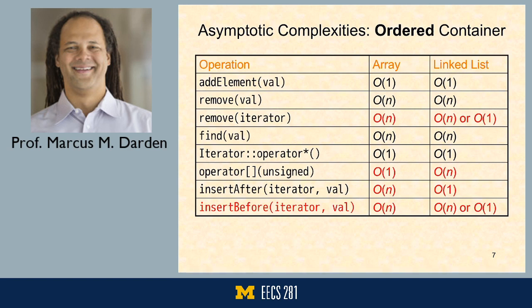In the array, it could take me as much as linear time to remove the value, because I can delete some element and then I've got to move all of the other elements back to fill up the space. So the find for remove is linear in either the array or the linked list. When I get to the linked list, I can obviously just cut an element out if I've got a doubly linked list.